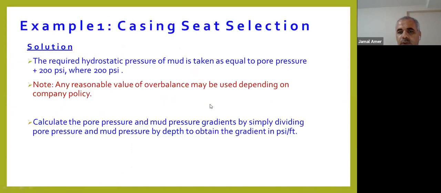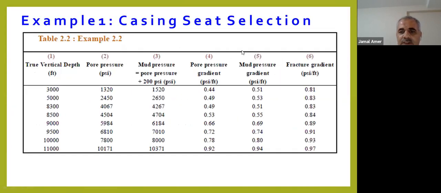Then we have to calculate the mud pressure with a margin of 200 psi. So bore pressure plus 200.